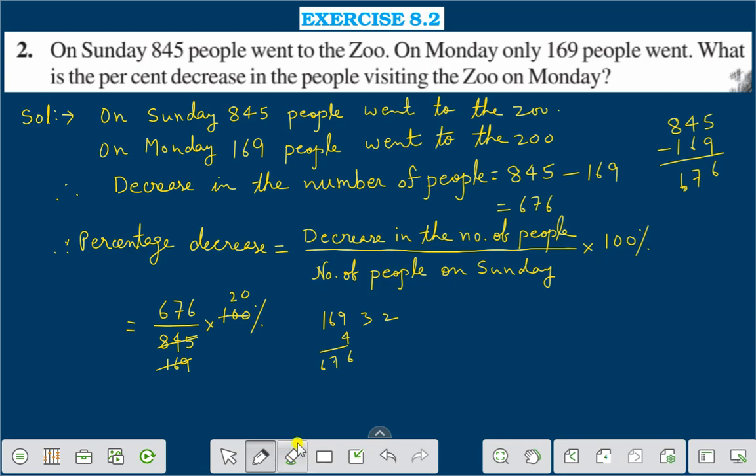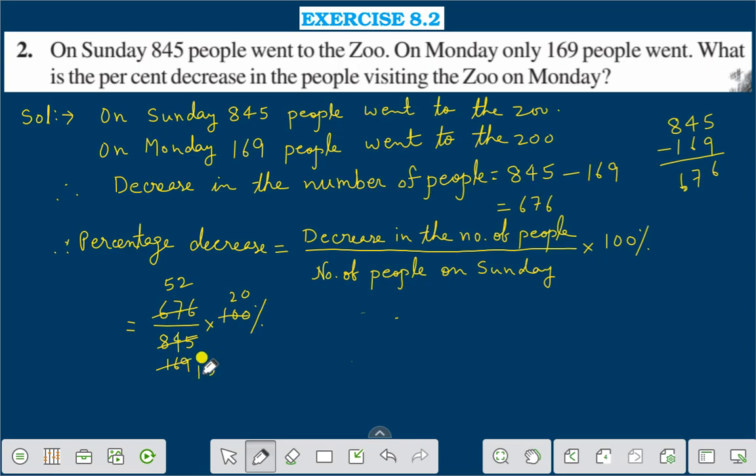Or you can divide by 13 also. Or you can do it in this way also. Suppose we are dividing by 13, 13 9 is 117, we know that. And if we divide this number by 13, 13 5 is 65, 26, 13 2 is 26.